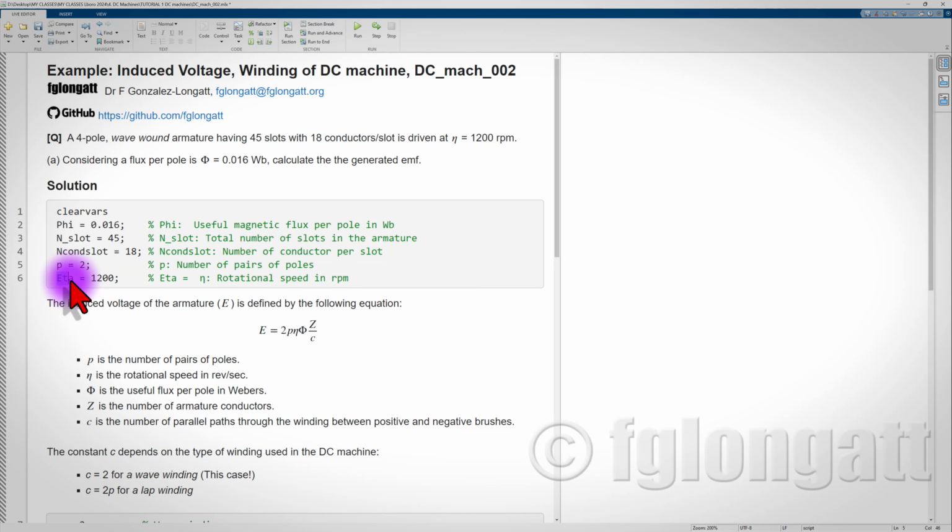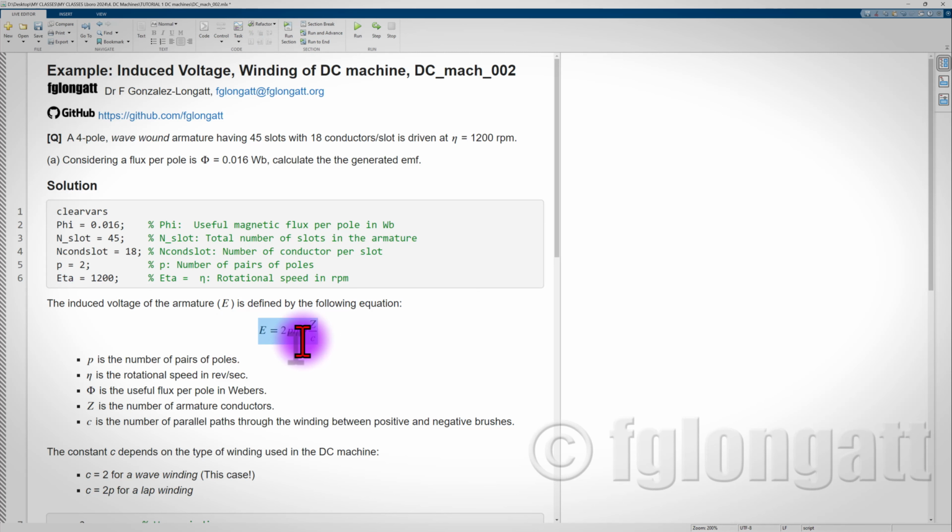We are using the Greek letter eta to represent the rotational speed in RPM, and in this case the rotational speed is 1200. So now let me present this equation.